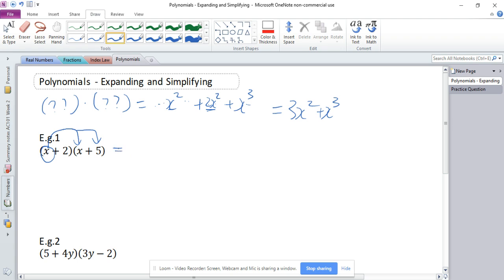So it will become x squared plus 5x, and then I use another color pen. You have the second term from the first bracket, you times it into each term in the second bracket, so become plus 2x plus 10.